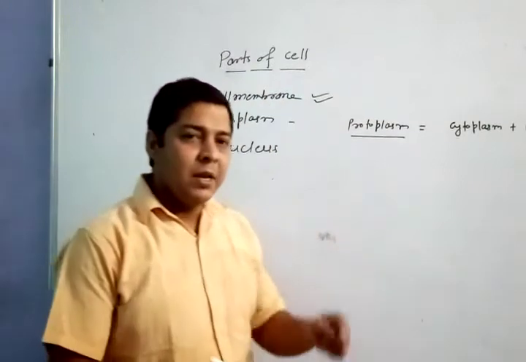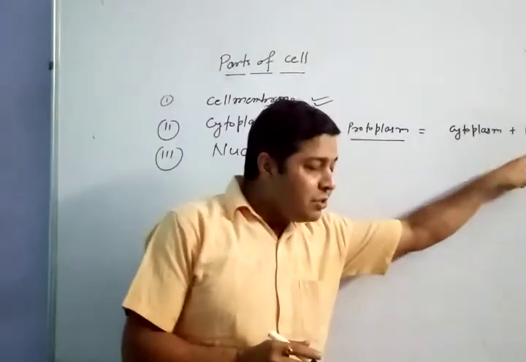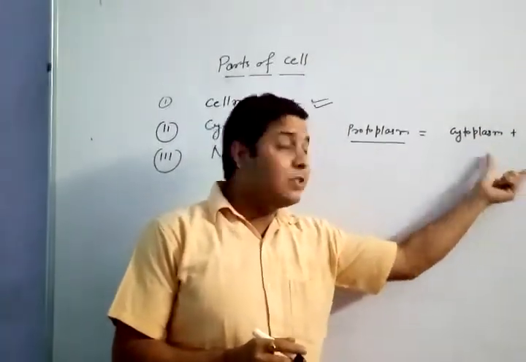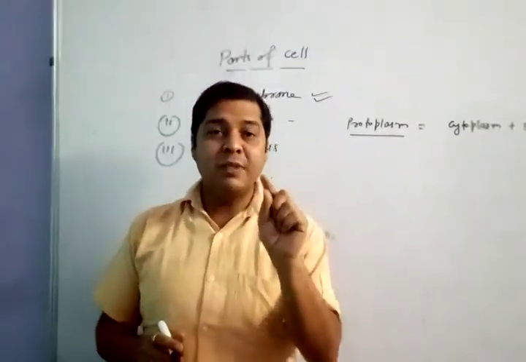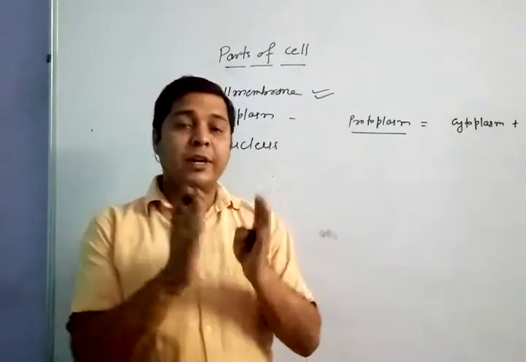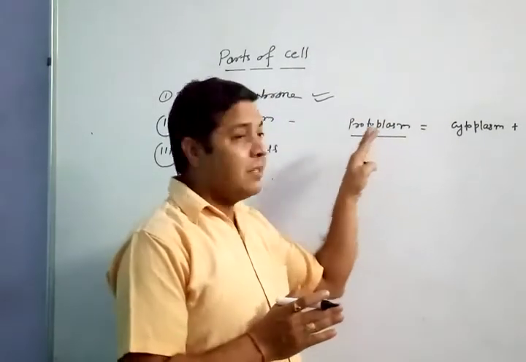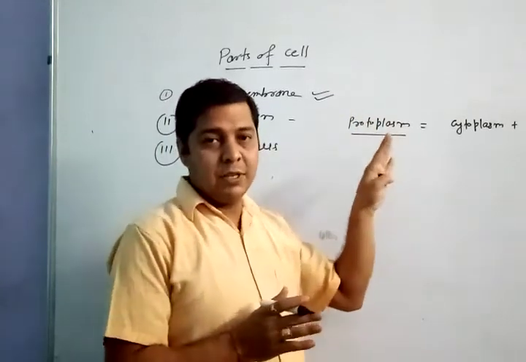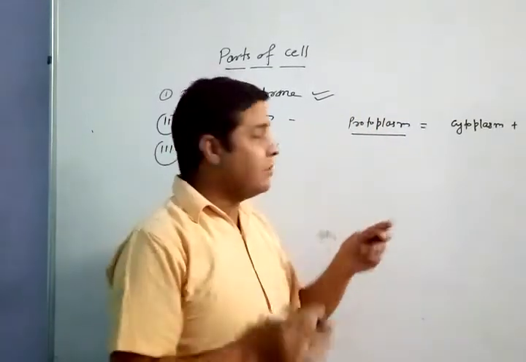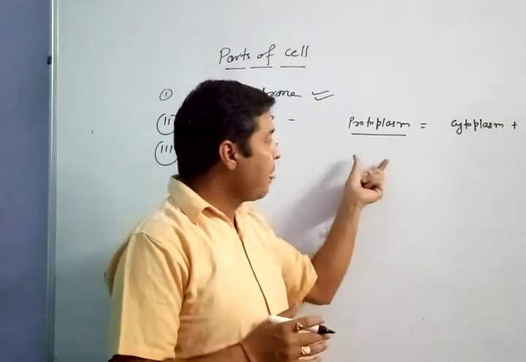It means cytoplasm including nucleus is called protoplasm, and the term protoplasm was given by Huxley. According to Huxley, protoplasm is the basic life process of any kind of living organism.